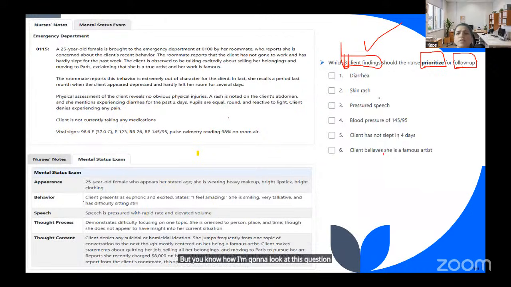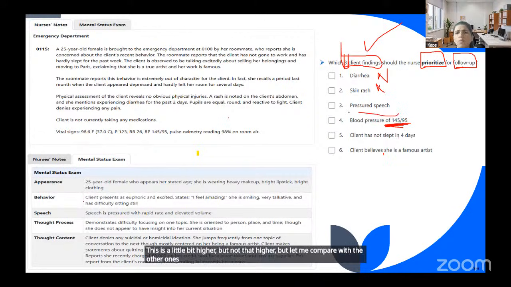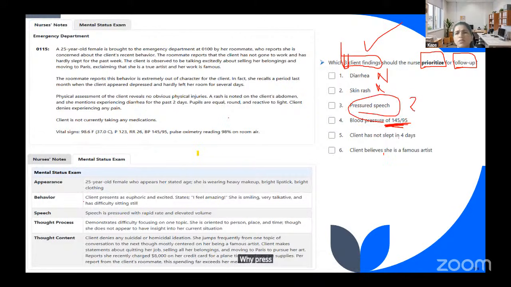Nobody can die with diarrhea, and skin rash also can wait, right? This is a little bit higher, but not that high. But let me compare with the other ones, right? Why is pressurized speech in there? What's going on in this case study? Okay, why does she believe she's a famous artist? Sounds like delusions, right?